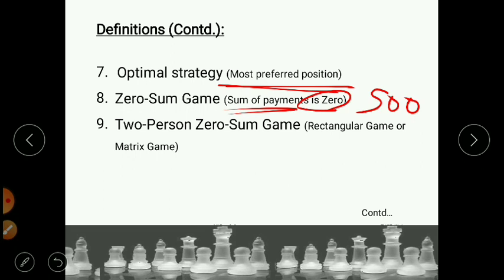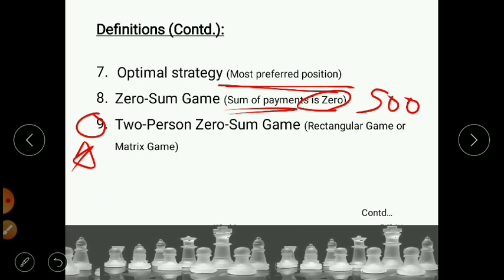Now, what is this two-person zero sum game? It's very important. Again, this example is very important. A two-person zero sum game involves, as the name suggests, only two persons, in which the gain of one player equals the loss to the other.